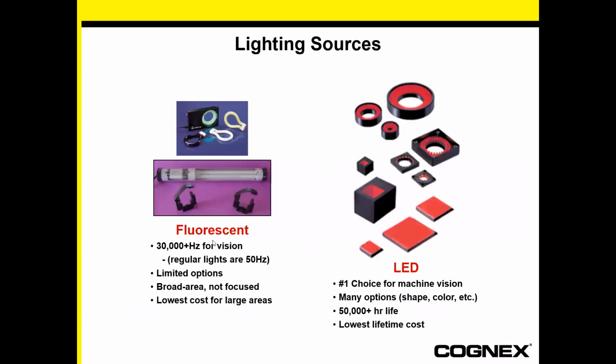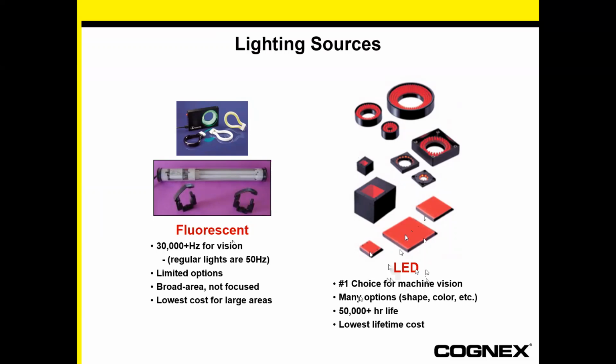Different lighting sources we have available to ourselves for applications. Fluorescence for larger area, not so much used nowadays, not that bright, because LED technology is number one for machine vision, and we have lots of different options and the cost has come down quite considerably for larger areas.